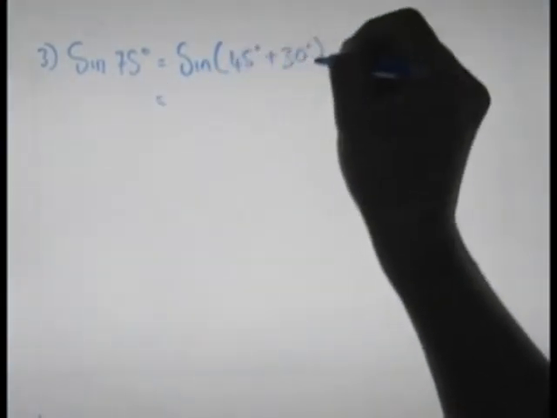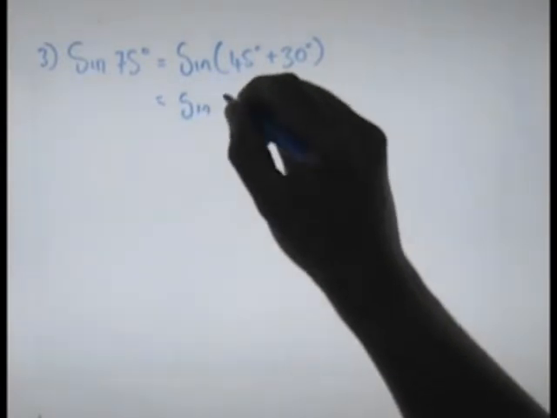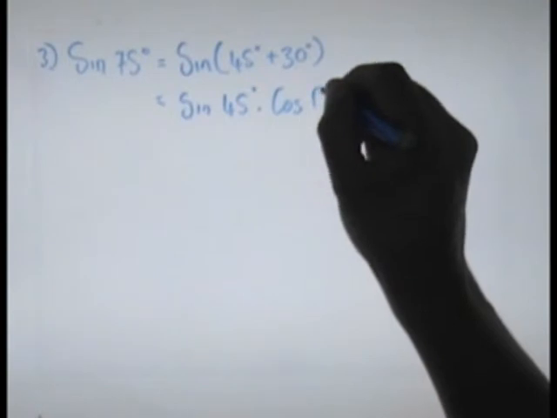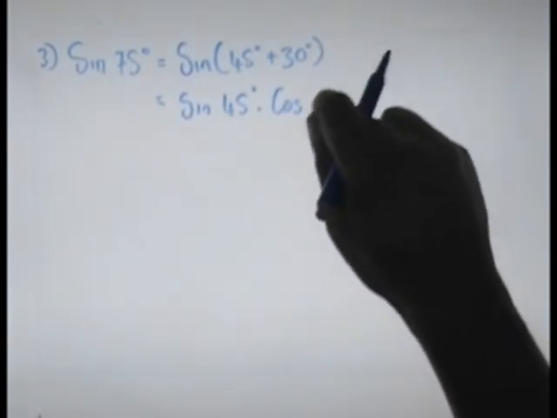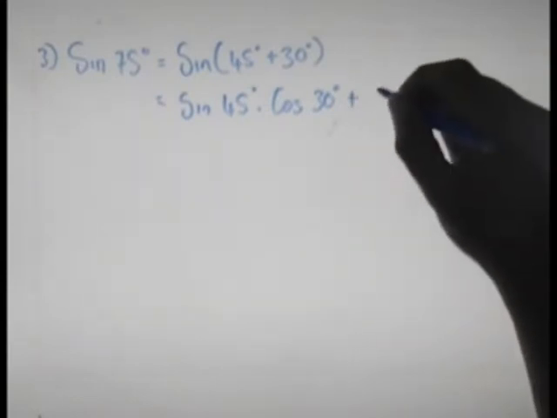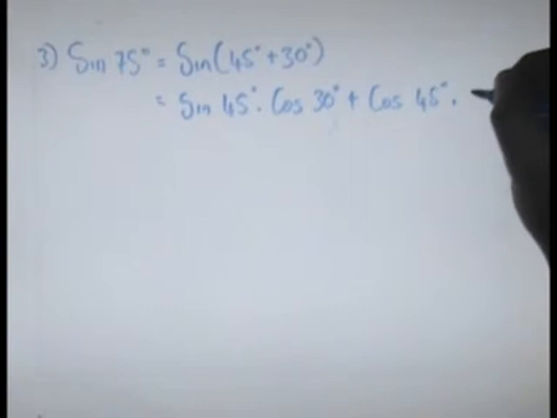Now sine of a plus b we know is equal to sine of a times cos of b, which in this case is 30 degrees, plus cos a times sine of b.